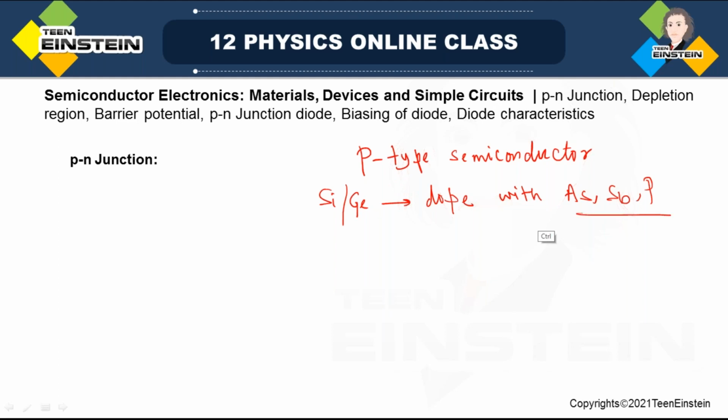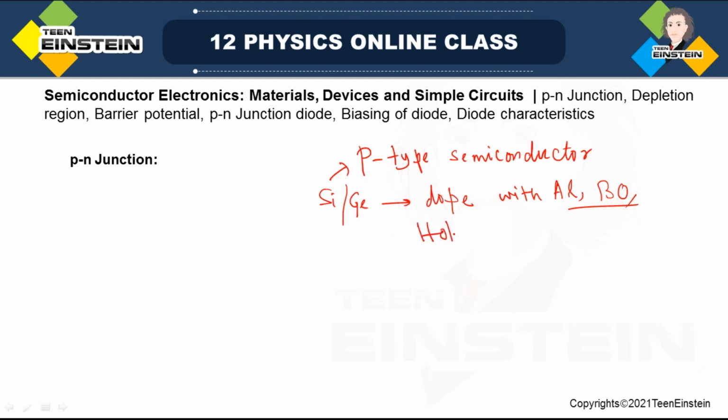But if you dope with trivalent impurity atoms like aluminium, boron, etc., then you get p-type semiconductor.